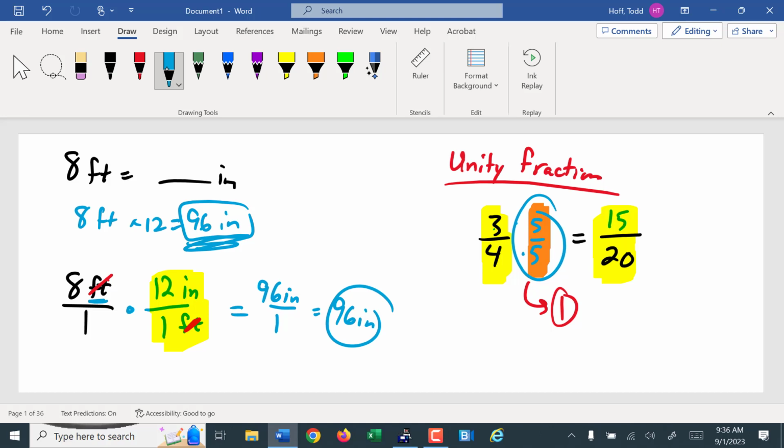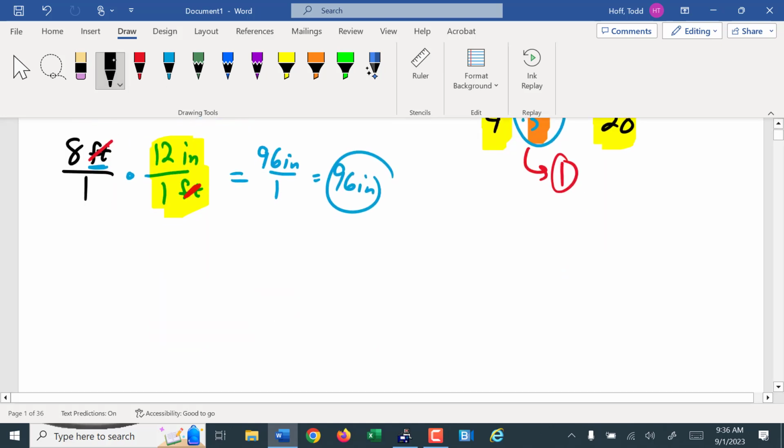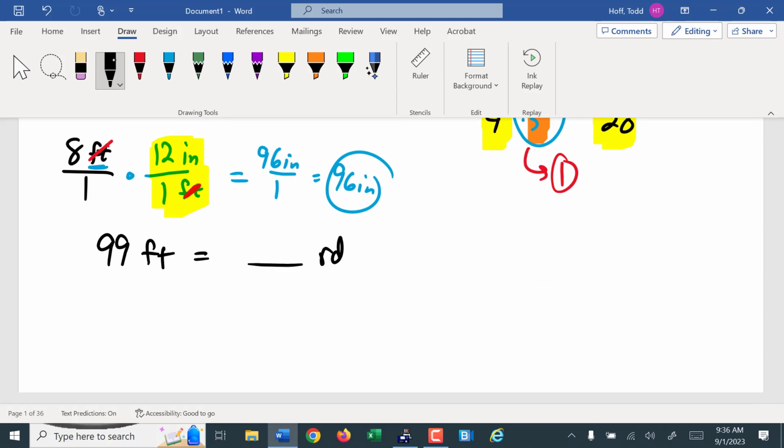But we're going to run into measurements that you might not be familiar with, like this. Anyway, you might have 99 feet and be asked to convert it into rods. You guys familiar with rods at all? Rods is basically a measurement of length used for surveying property mostly.